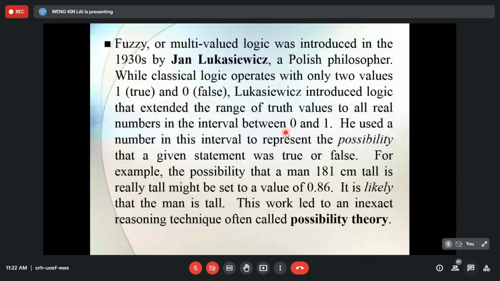He used a number in this interval to represent the possibility that a given statement was true or false. Possibility, you look at the word, so this is highlighted. Possibility that a given statement is true or false. For example, the possibility that a man 181 cm is really tall might be set to 0.86.